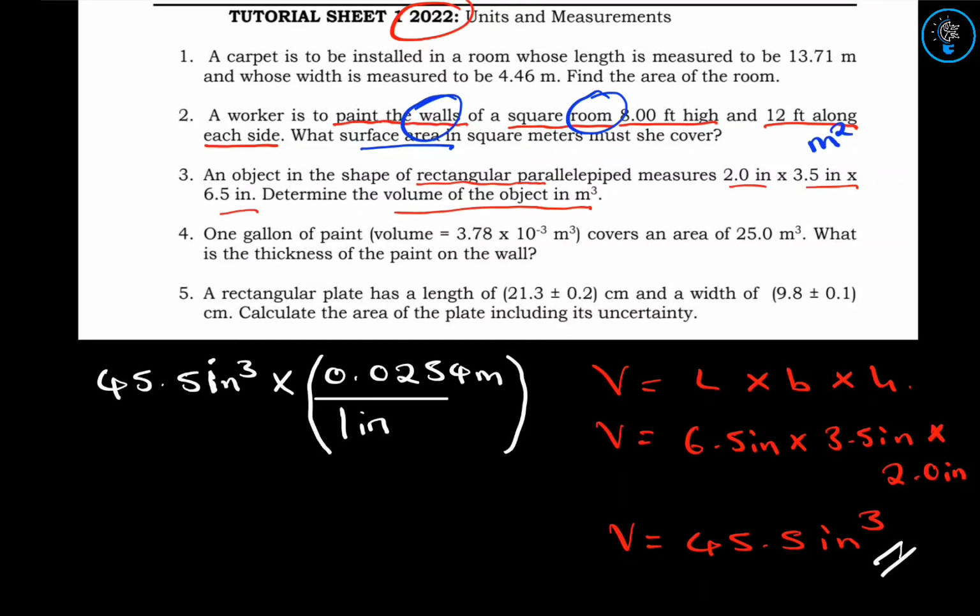By the way, you don't need to memorize the conversion factors. That has to do with the empirical system. Yeah, we have two systems: the metric system and the empirical system.